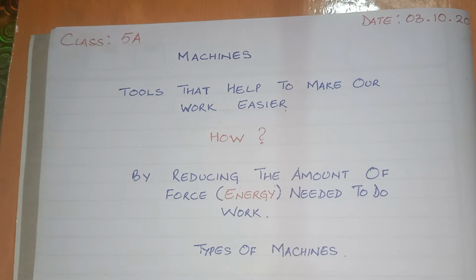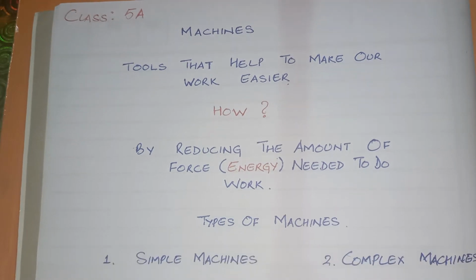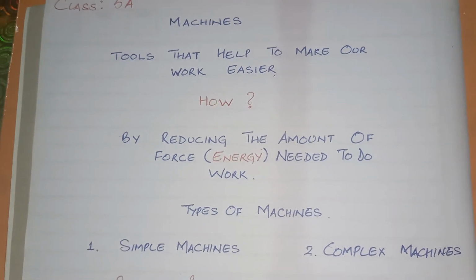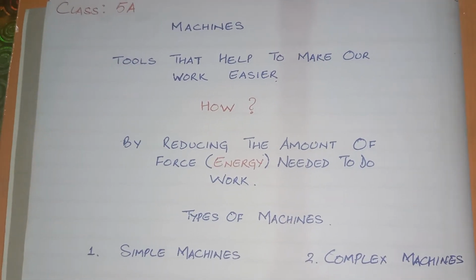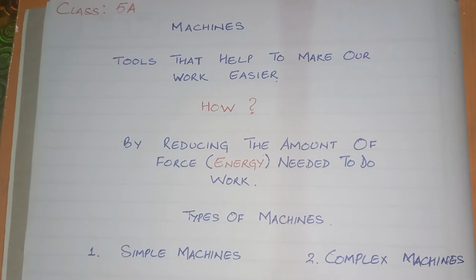Let us now see the types of machines. Broadly, machines are of two types: simple machines and complex machines. Simple machines are those machines which have very few movable parts, whereas complex machines have a complex structure and a large number of movable parts.